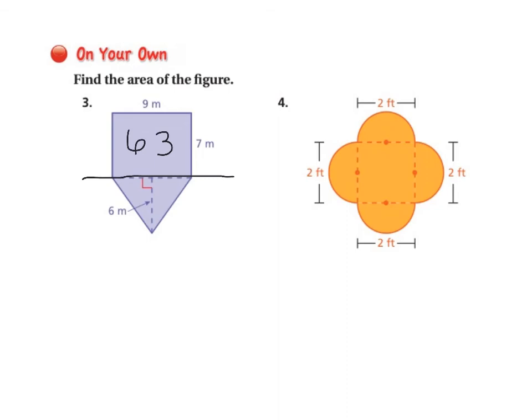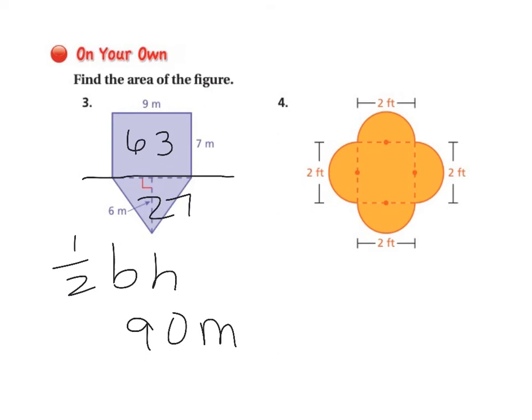And 6 times 9, so I'm moving that 9 down from the top to make it the base of the triangle. 6 times 9, so area of a triangle is 1/2 base times height. So 9 times 6 is 54, and half of 54 is 27. And we're going to add those two up, so that gives us 90. And it's 90 square meters.